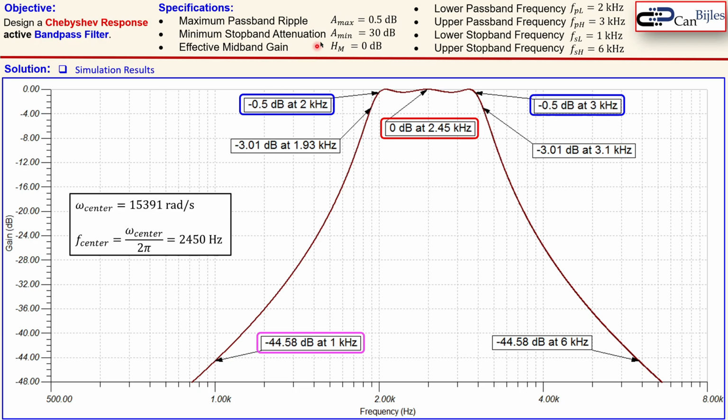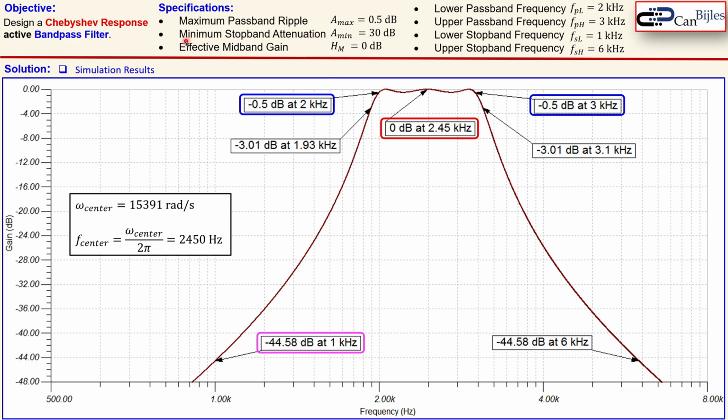So I said in the discussion that I estimate that the performance of the final design will be much better than the required. So we require here stop band attenuation of 30 dB. If I look at my stop band frequency 1 kHz, I expect that this is much higher than what we require, and it's also what we see here. It is almost minus 44.6 dB, which is way higher than we wanted.